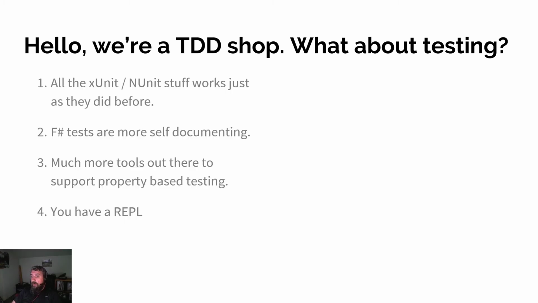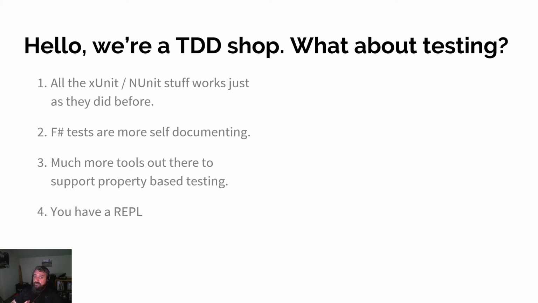All the NUnit, XUnit, MS test stuff works. I'll assume MS test, but if you're using MS test, please consider something else. F# tests are more self-documented because you can write language that is closer to the language of the requirements itself. And then you get some more tools that support property-based testing.